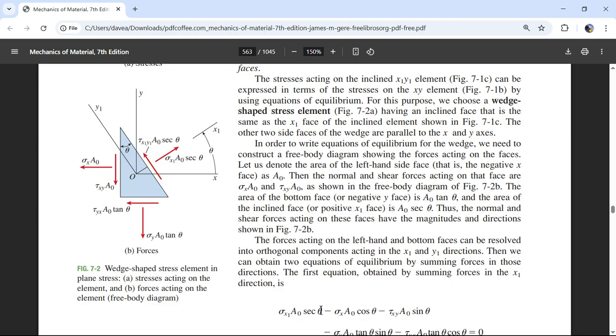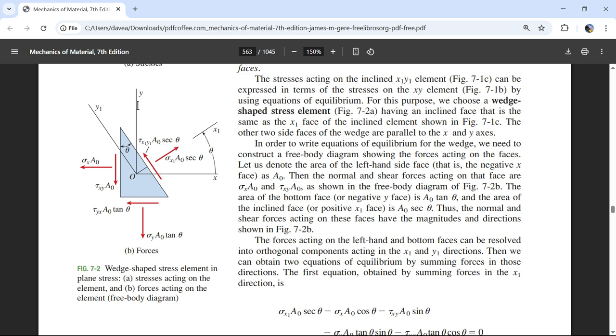So you know what I mean? So right here we have a negative. We have this force, sigma x A naught. That's what this is. And so now we just need to know whether it's the sine or cosine of theta. And one cool way that we can look at this is see how this is a 90-degree angle, and you can almost think of this as like a corner of a sheet of paper.